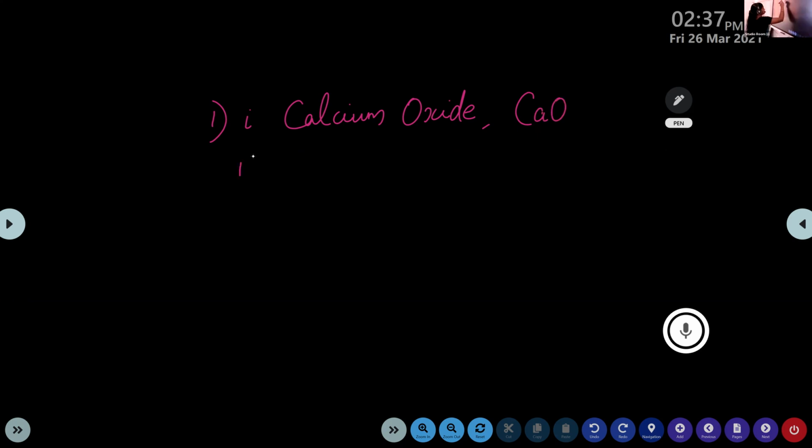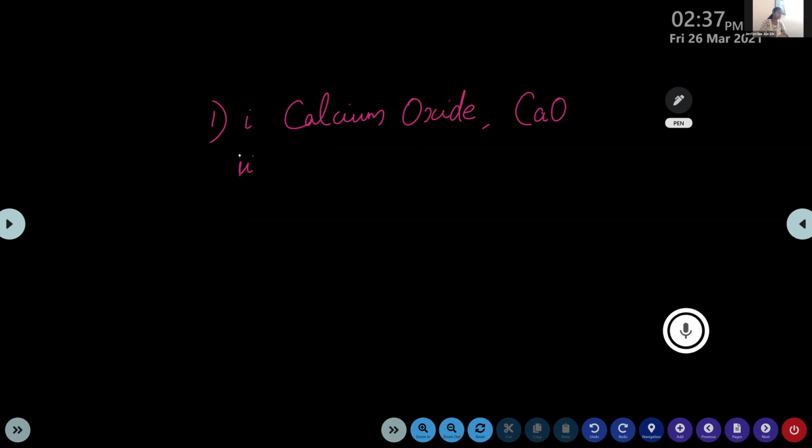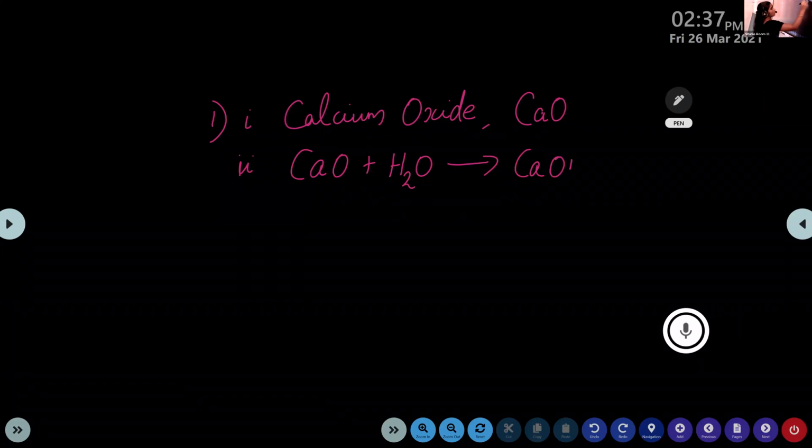And the second question: write the reaction of substance X named above with water. That means calcium oxide with water. Which product is formed here? Calcium hydroxide. Yeah, calcium hydroxide. CaO plus H2O gives Ca(OH)2, calcium hydroxide.